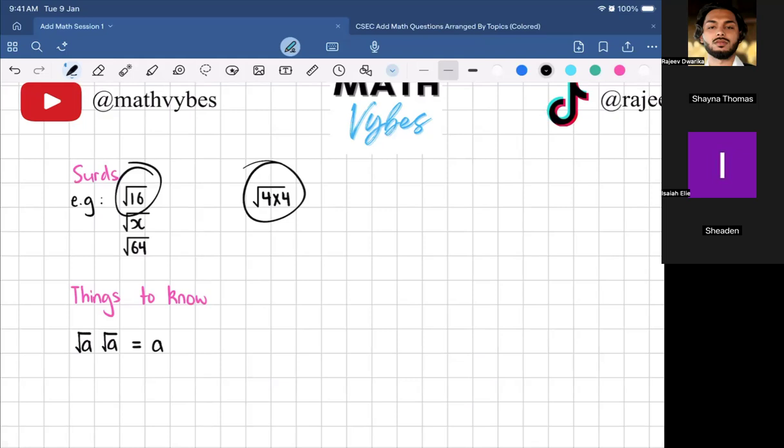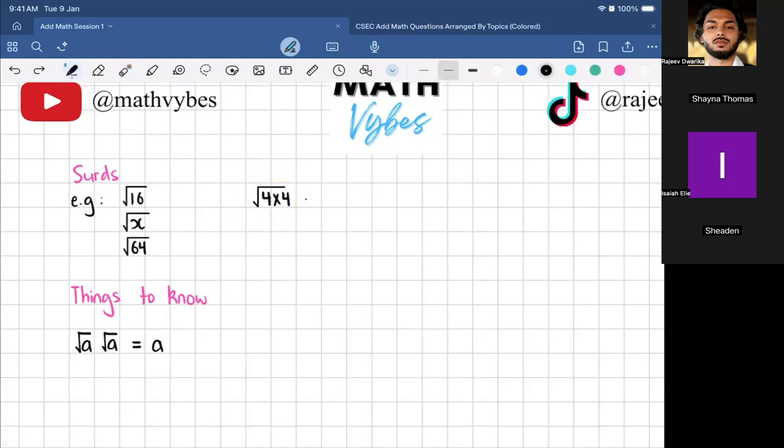Inside the square root sign, I have 4 by 4. Wouldn't 4 by 4 give me back 16? Yes. So did I change anything? No, I didn't change anything, because this still means the square root of 16. Yes, 4 by 4 is 16.